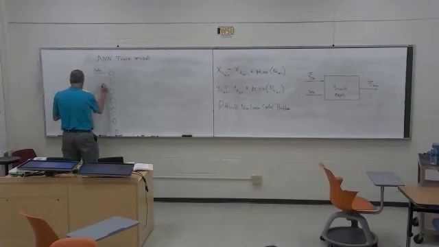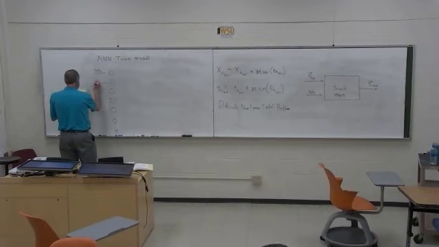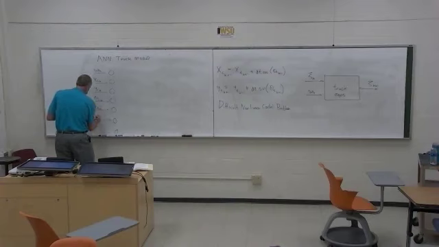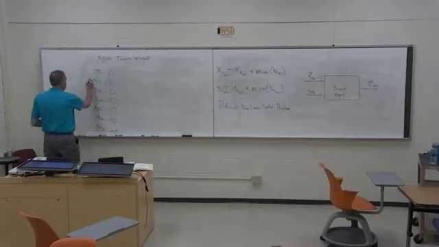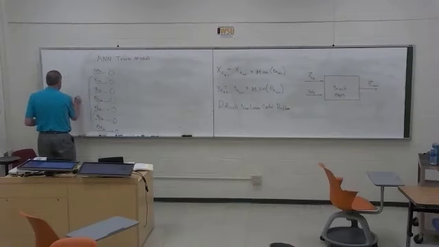And then this is the state vector. There's all the values at the current time step, so that is the state vector at k.